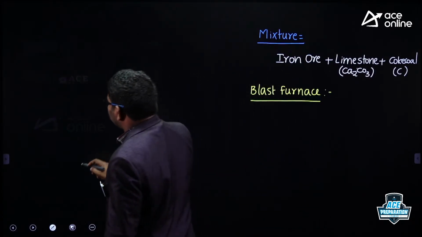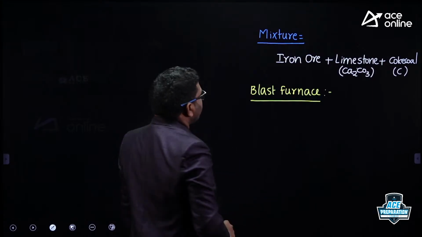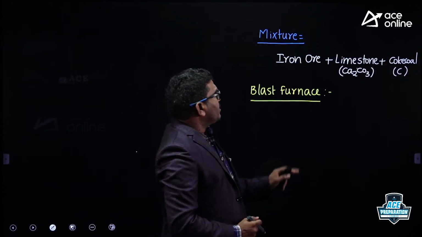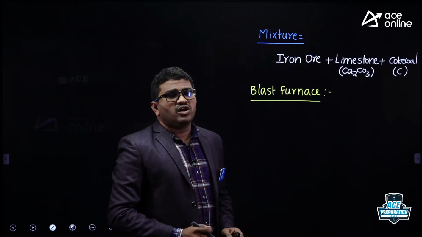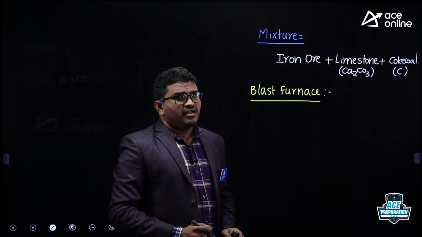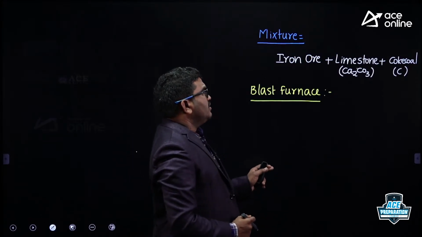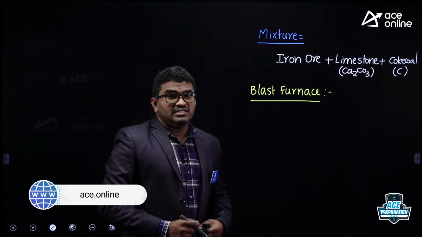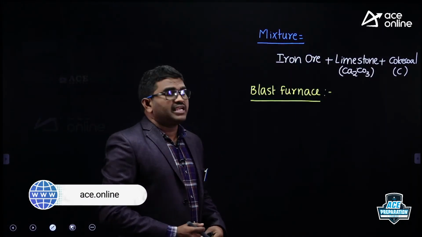Listen carefully here, the iron ore, that is iron oxide, reacts with the carbon monoxide and forms iron and carbon dioxide, and this carbon dioxide reacts with the calcium carbonate and also silica, that is SiO2, to form calcium silicate.